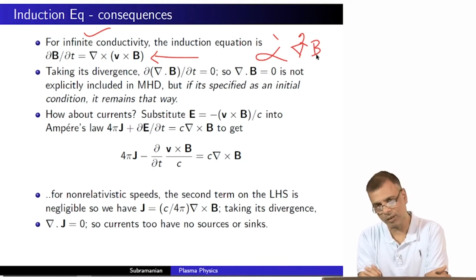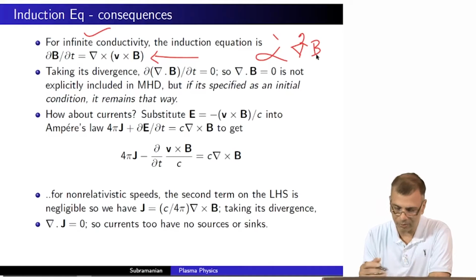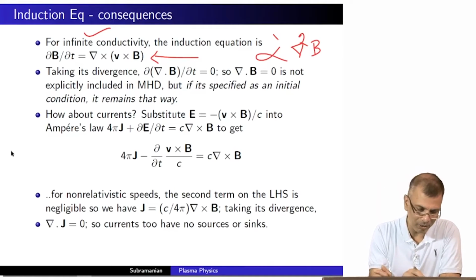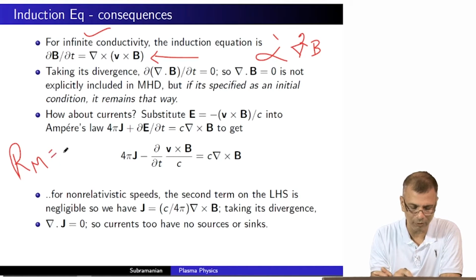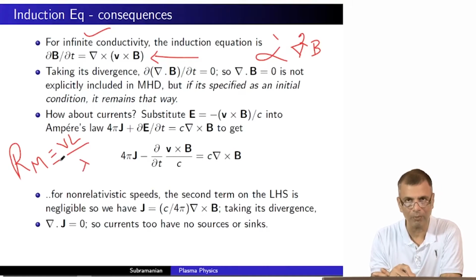and we also talked a little bit about the magnetic Reynolds number R sub m. The magnetic Reynolds number looks very much like the fluid's Reynolds number, except here you have the appearance of the resistivity at the bottom.